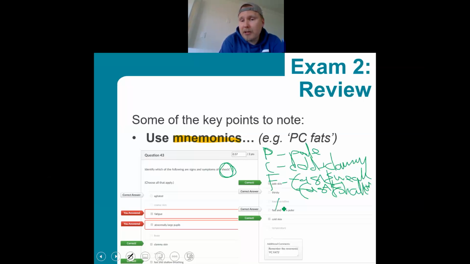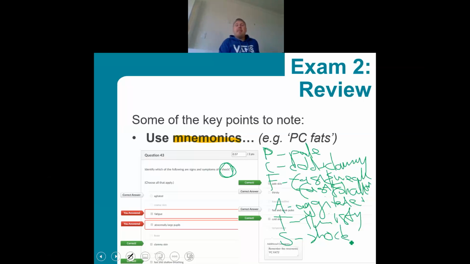A for that these patients are often agitated. T, they might be thirsty. And S, that they're about to head into shock.